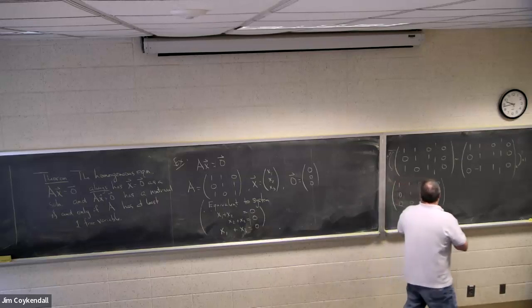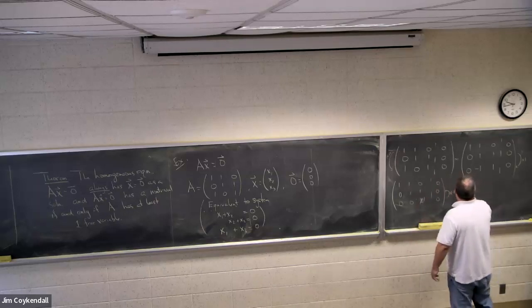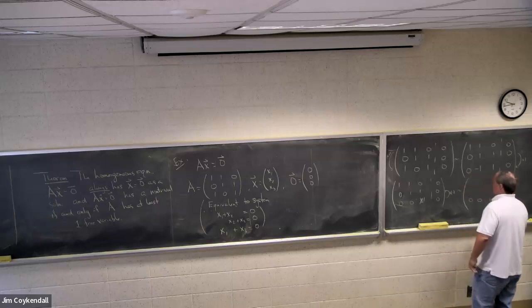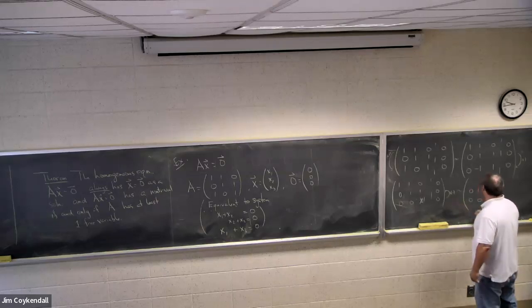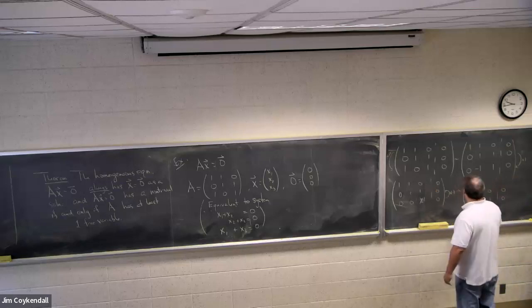Now I'm going to use this bottom row times -1, so I'm going to have 0, 0, 1, 0 times -1 and add, 0, 1, 0, and 0 of course. I don't need to do anything here.